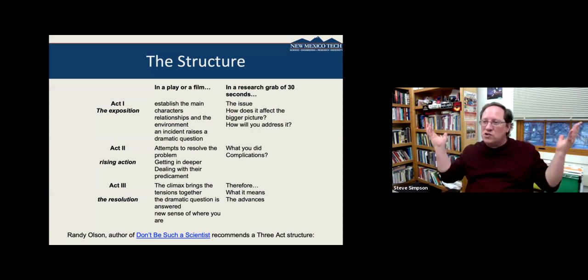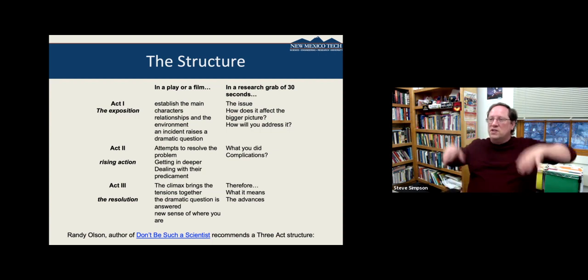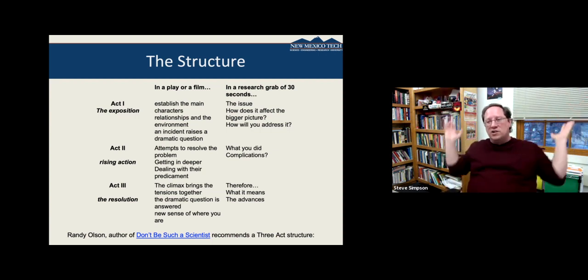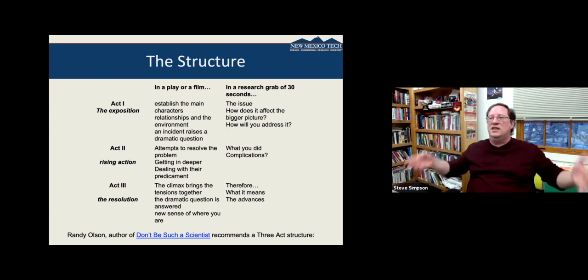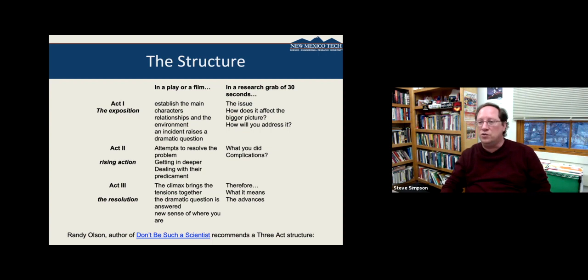What problems are there that are causing you to want to do your research? What are you trying to solve? And then you end this section with a good statement of, well, how are you going to address it? So this is the problem. Now, in our study, how we're addressing this is, and that's where you launch into Act 2.